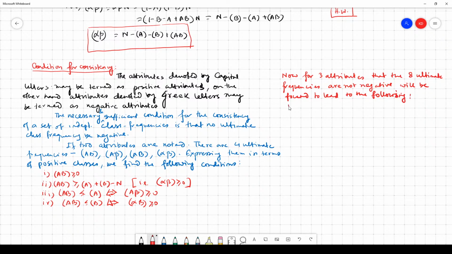So first one is ABC greater than or equal to 0.